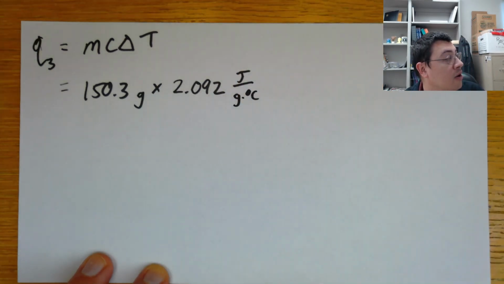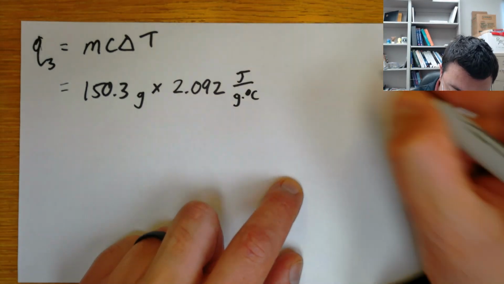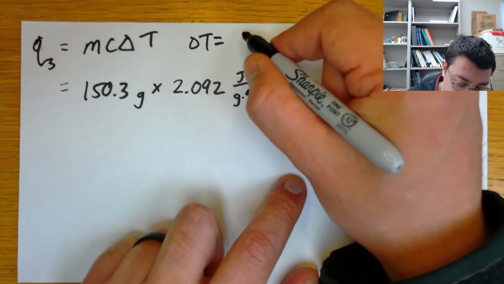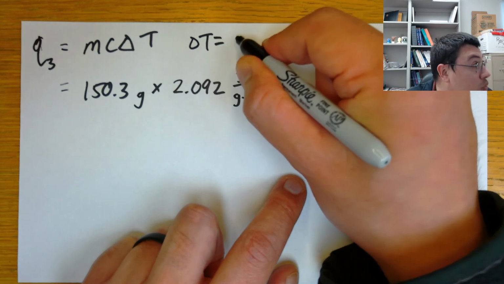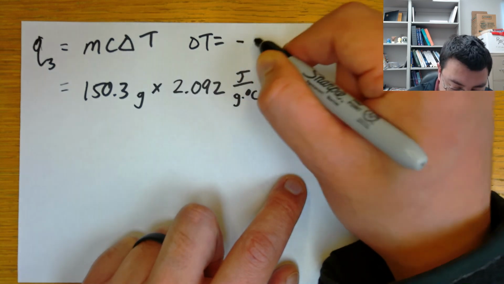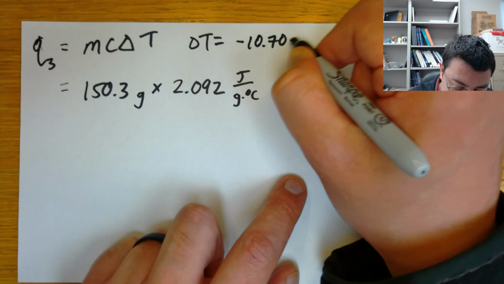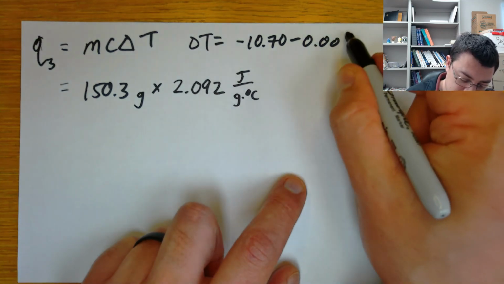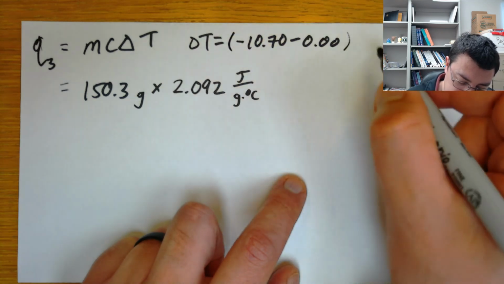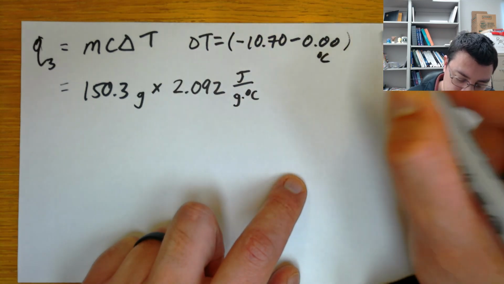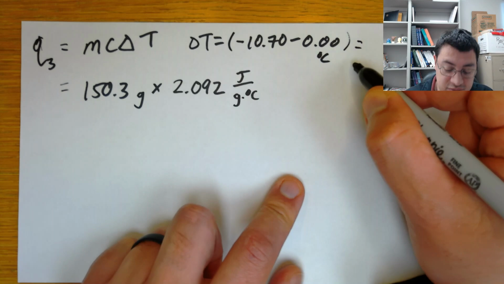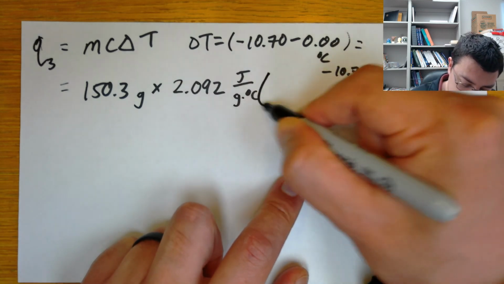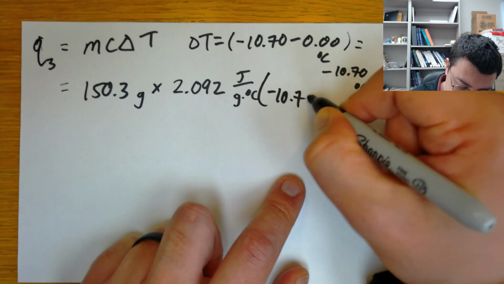All right, and then we're gonna have a delta T, and I'll do that in advance. We're gonna end at negative 10.70, and we start at 0.00. So that's just going to be degrees C. So that's just gonna be negative 10.70 degrees C. So we can just plug that in.